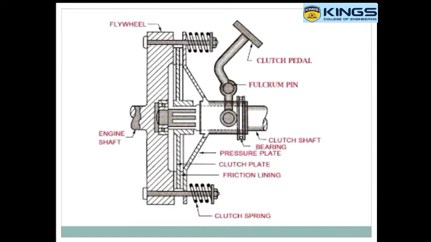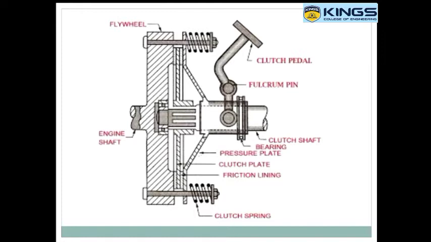This is the actual clutch operation. Always the clutch is engaged with the driving and the driven shaft. When needed, we can apply the clutch pedal. This is de-engaged. There is an engine shaft. The engine shaft is fitted with a flywheel. The flywheel is rotating. There is a pressure plate. The pressure plate presses the friction plate to the flywheel.